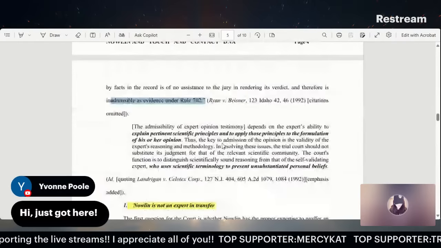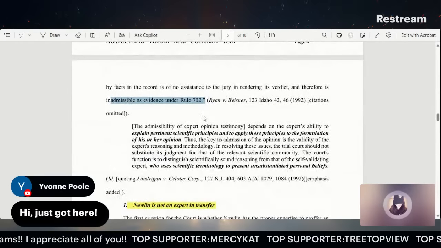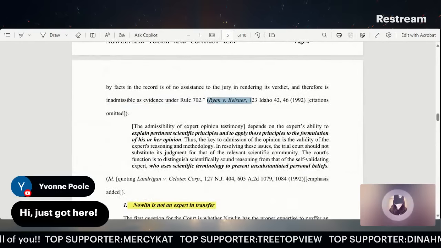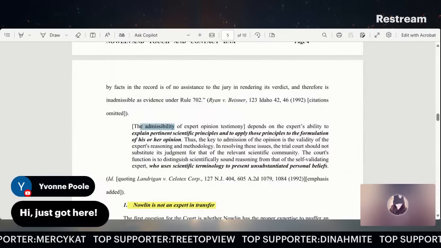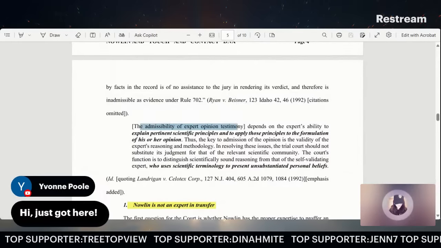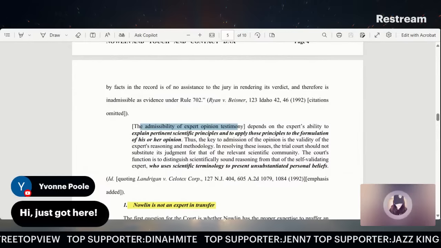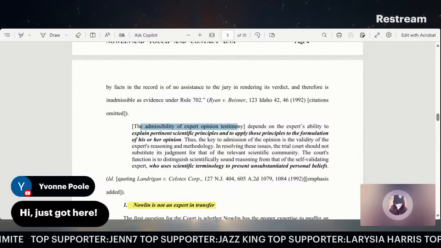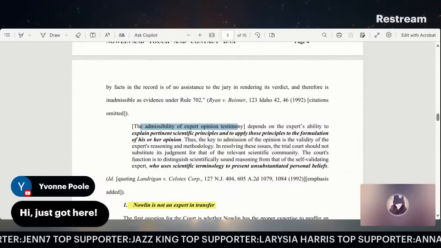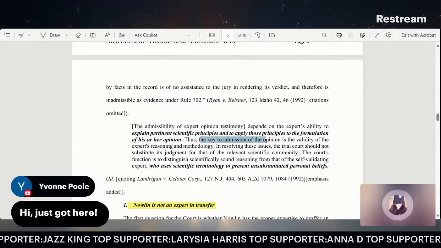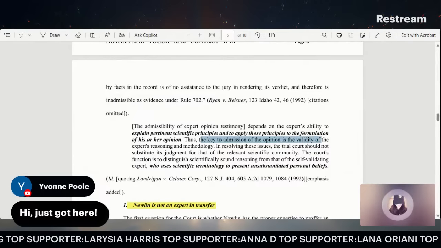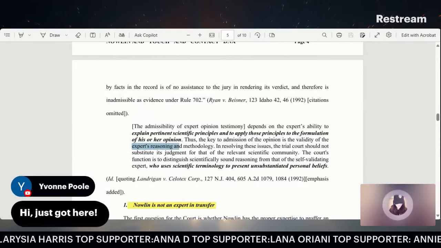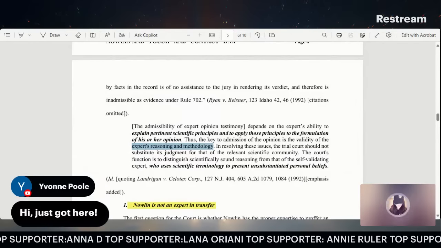Let's see. And then it cites here Orion v. Beisner. The admissibility of expert opinion testimony depends on the expert's ability to explain pertinent scientific principles and to apply those principles to the formulation of his or her opinion. Thus, the key to admission of the opinion is the validity of the expert's reasoning and methodology.